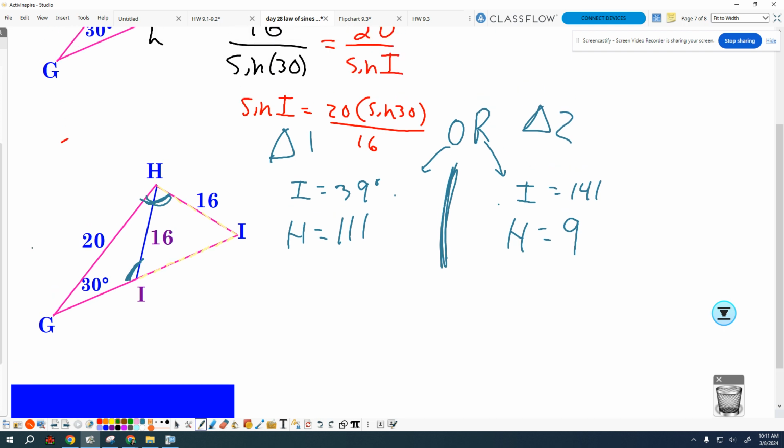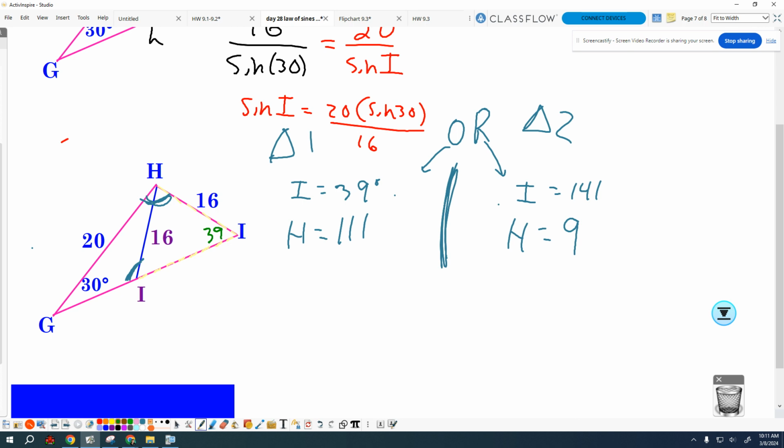So where she drew the first little thing, that's 111, and I'm sorry, that's 141. Either angle I was this 39 degrees, and then in quadrant 2, 180 minus 39 is 141.